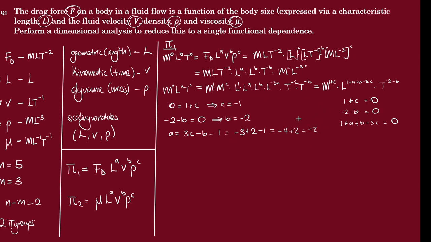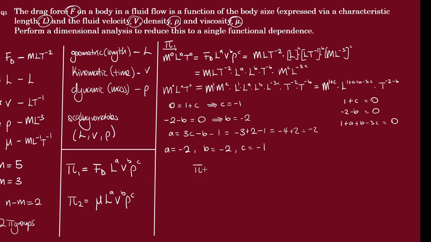Okay? So if we were to write this out, a is negative 2, b is negative 2, and c is negative 1. What does this mean for us? Remember, this is our expression for our pi term.